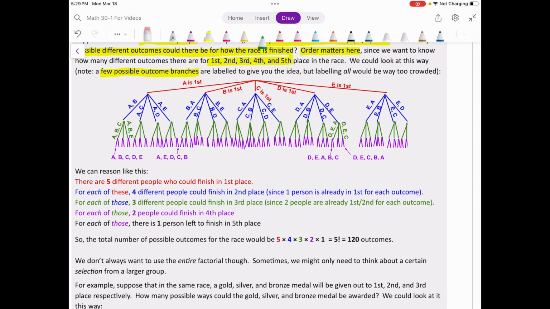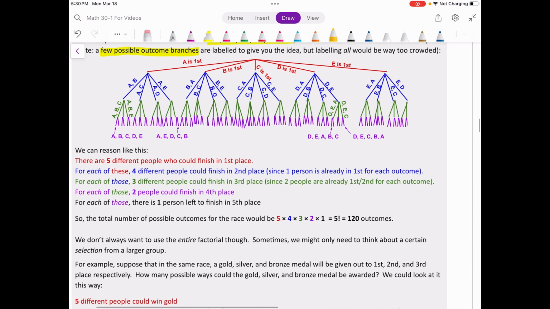All of this whole branch of our tree here, all that represents is A coming in first. Then we have to think about all the different ways it could turn out if B came in first. Then all the different ways if C came in first, then D, then E, right? And so that's what our tree diagram is trying to show us here.